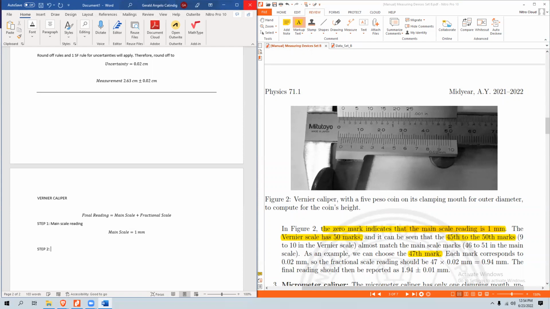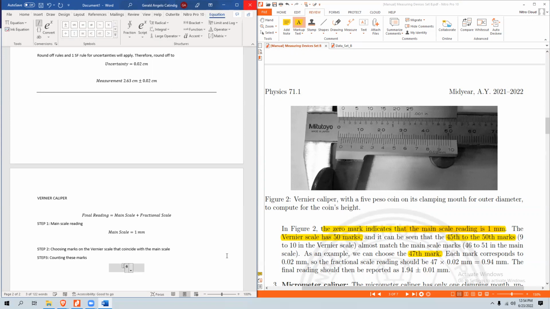Step 2 is choosing marks on the vernier scale that coincide with the main scale. Step 3 mo naman, counting these marks. So bale, 47th mark nga daw.